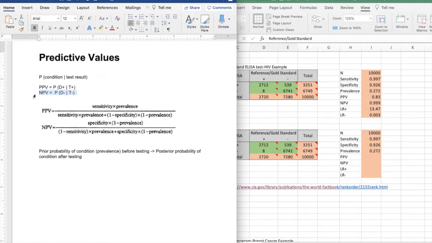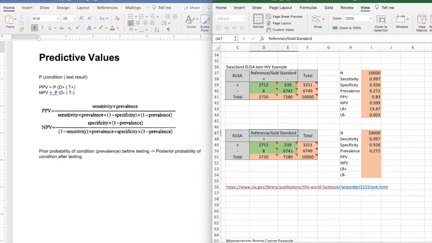So you test negative in the clinic, you want to know then what's the actual chance that I'm clean. You test positive in the clinic, you want to know, okay, I tested positive, but what's the probability that I actually have the disease? That's what we want to know, and that's what predictive values give us. They are calculated here. If you have the sensitivity and the specificity and you have the prevalence data, you can calculate these numbers.